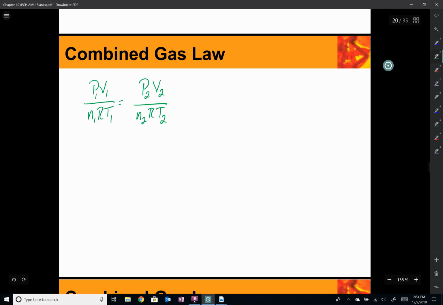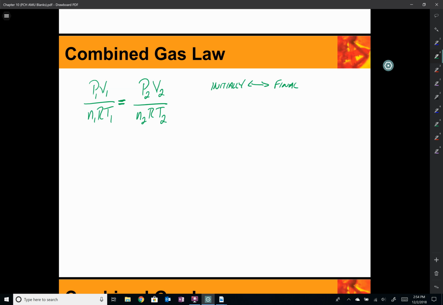So the combined gas law states what happens to a gas as we change some factor, as we change pressure or volume, moles or temperature. We use it when we have something initially, and want to know how it changes to some final conditions.